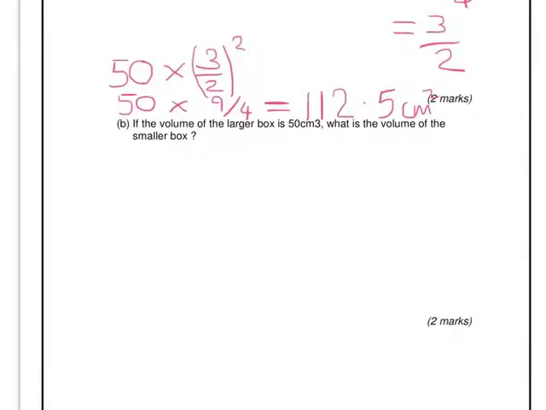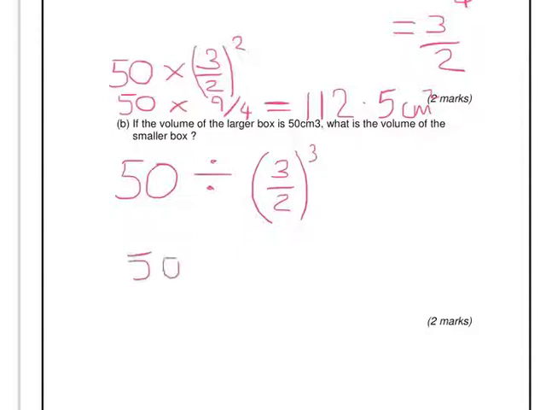So going backwards now, we've got a volume of the larger box being 50. If we're going from the larger to the smaller, we're not going to multiply by the scale factor, we're going to divide by that scale factor. But because it's volume, it'll be the scale factor cubed. Okay, so 50 divided by 27 over 8.